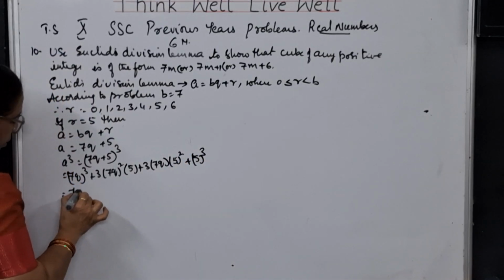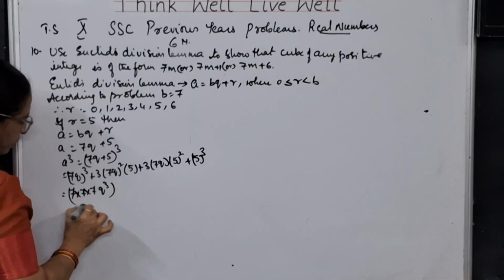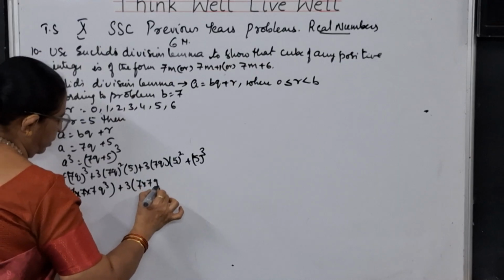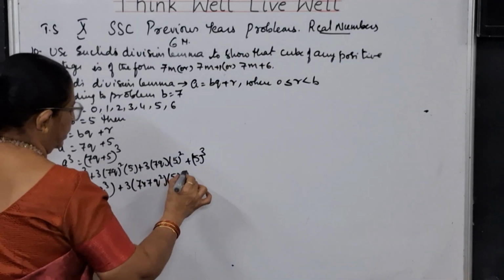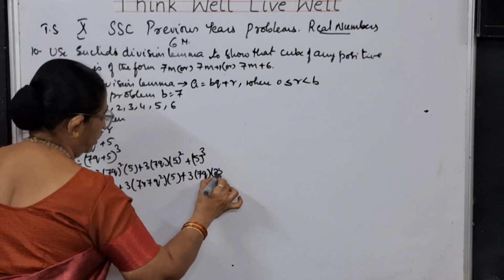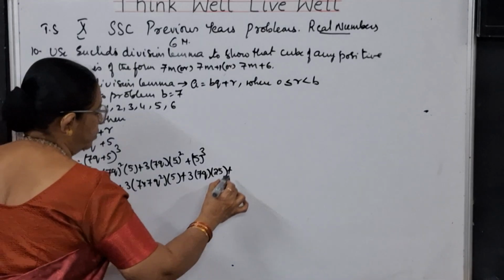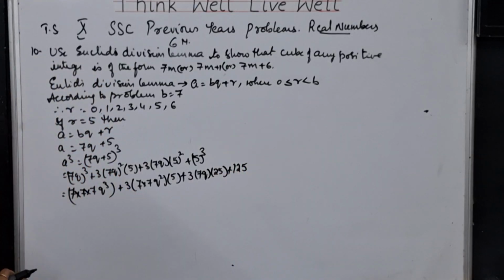So 7 into 7 into 7q cube plus 3 into 7 into 7q square into 5 plus 3 into 7q into 25 plus 5 5s are 25, 25 5s are 125.